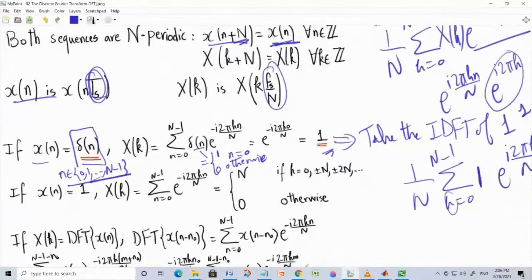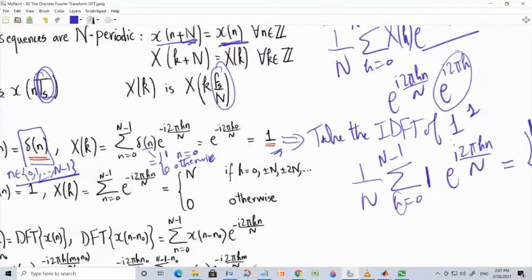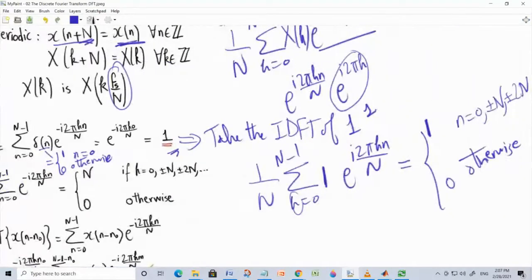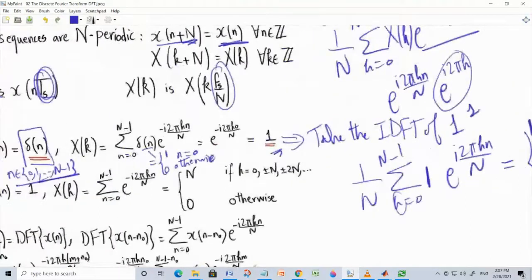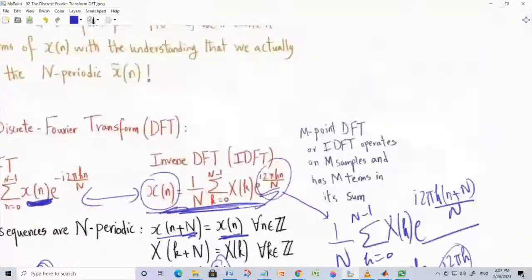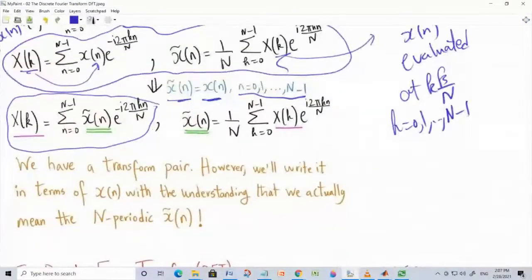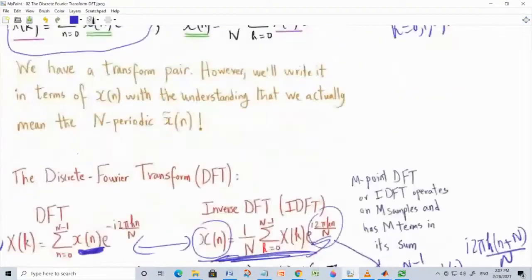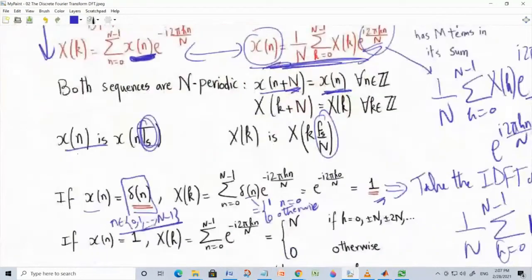Now, if you do the inverse DFT, you will get a 1 that is repeated every integer multiple of big N. Is this a contradiction? No, it's not a contradiction. It's this annoying matter, which is that the DFT should be related to the periodization of x of n, but we will write it in terms of x of n.